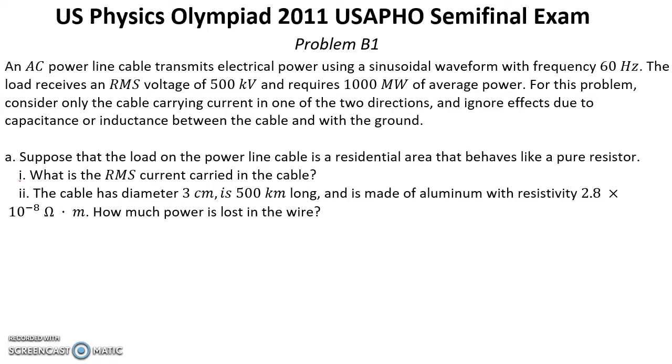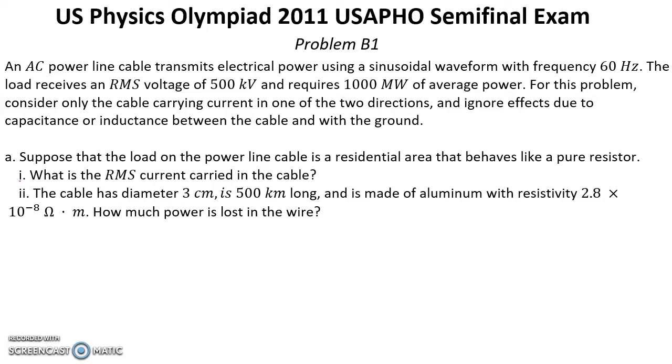For this problem, consider only the cable carrying current in one of the two directions and ignore effects due to capacitance or inductance between the cable and the ground. Question A. Suppose that the load on the power line cable is a residential area that behaves like a pure resistor. 1.